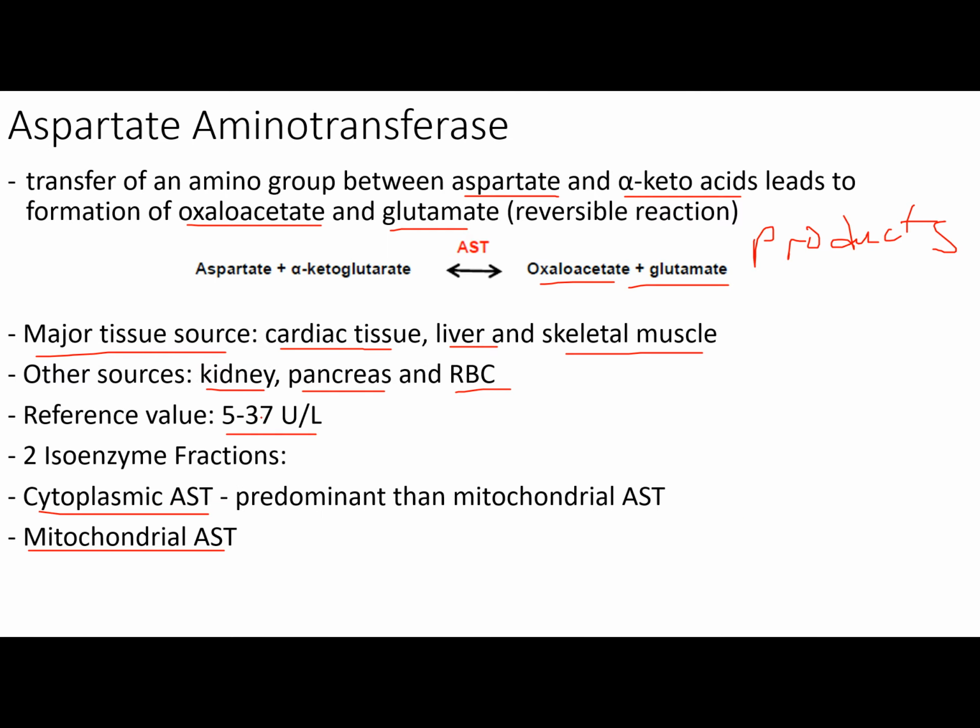So what is the upper border, class? If your reference value, let's go back here, is 5 to 37, the first number, class, is the lower limit or the lower border, while the second number is the upper limit or the upper border.